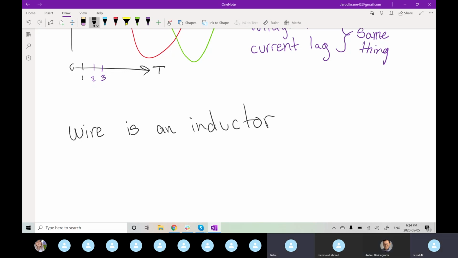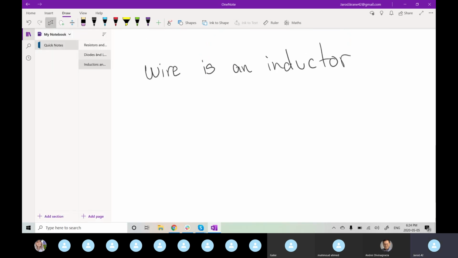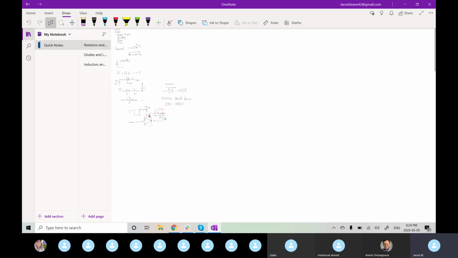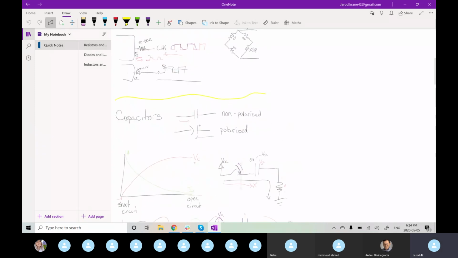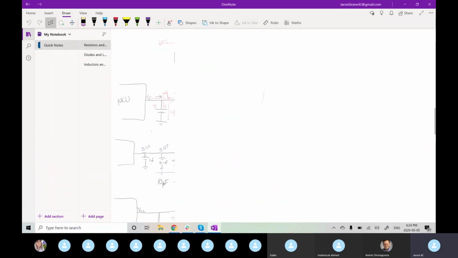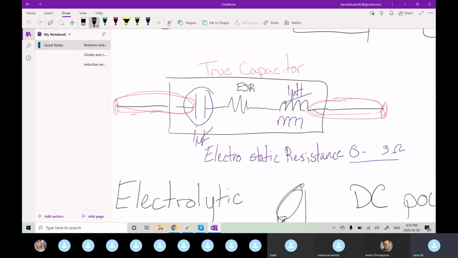Yeah, so again, all real items are not purely just whatever you say they are. They're not just an inductor, they don't only have inductance, and a resistor is not only a resistor. When we were talking about a true capacitor, it has all of its internal added values.